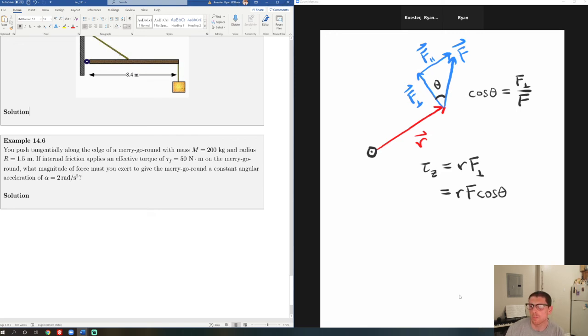And those in general won't be the same. And so I want you to try to be flexible with the way you write torque, right? Not always expecting it to depend on the sine of an angle, because we see here, when we think about the perpendicular component of the force, we get a correct expression for the torque that depends on cosine, right?